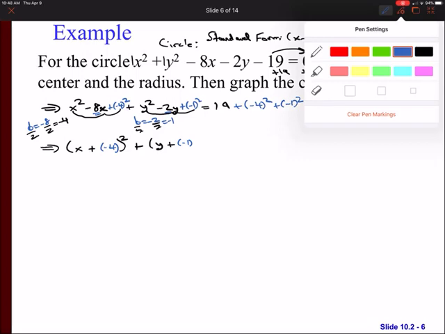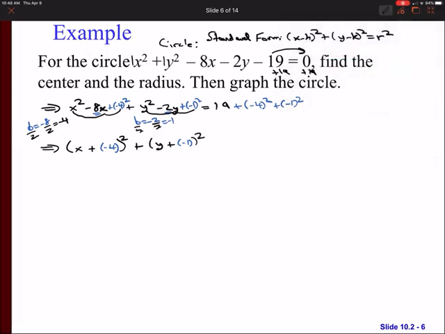As we square y plus -1, we would get y squared minus 2y plus 1 back, and that equals 19 plus, let's simplify, (-4) squared is 16, (-1) squared is 1. So as we simplify down, we've got our standard form equation, x plus -4, that's (x minus 4) squared. Again, there's h. Plus y plus -1, that's (y minus 1) squared.